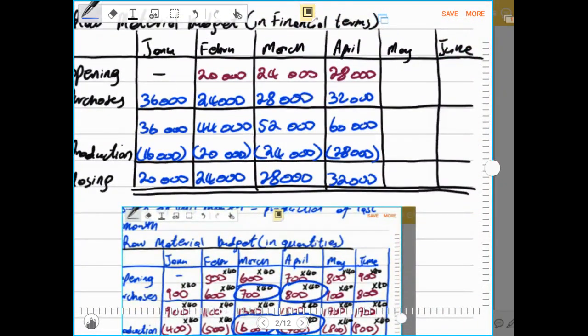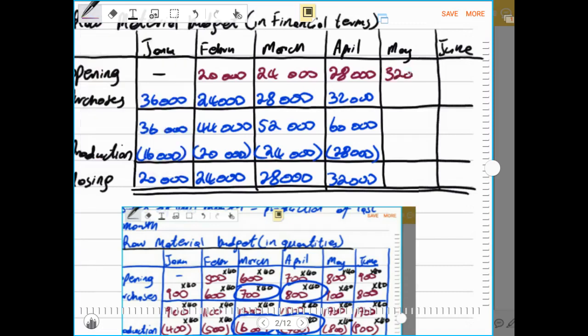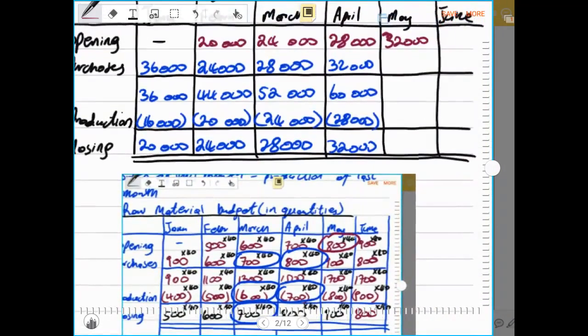Then closing will become an opening, and the opening will be 32,000 rands, which is this closing transferred to become an opening balance. So that will be 32,000 rands, and besides we could have just said 800 times by 40. That will give us the same 32,000 rands.